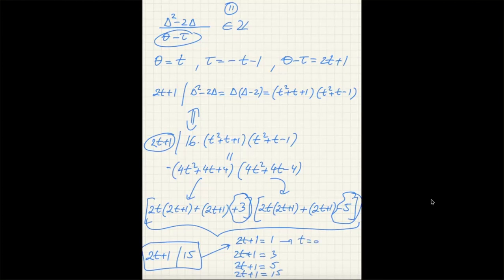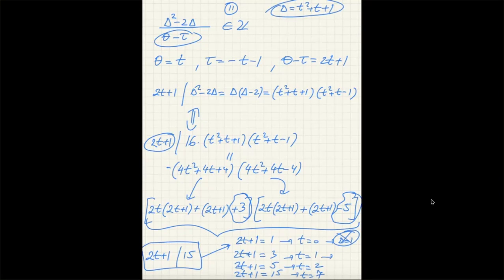So what does it mean? This is t equals 0. This is t equals 1. This is t equals 2. And this is t equals 7. Okay. But what was delta? Delta was t squared plus t plus 1. So when t equals 0, we get delta equals 1, which is not interesting to us.